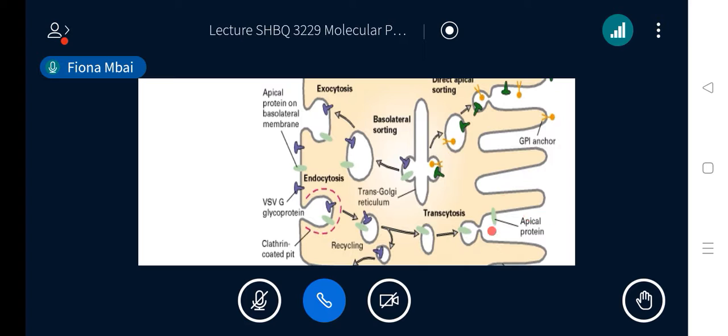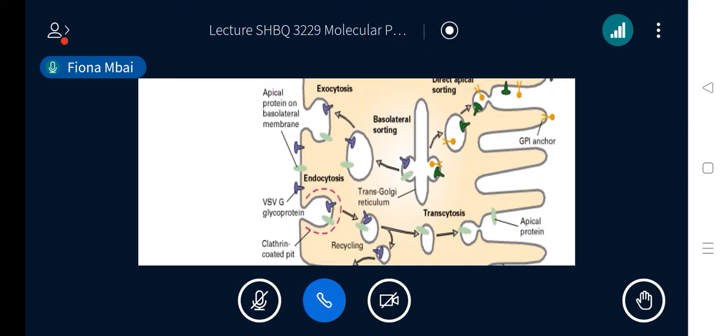On the other hand, apical proteins, which are here, can be internalized by endocytosis. They come in and they can be recycled, or they can actually go out through the basolateral side of the cell.